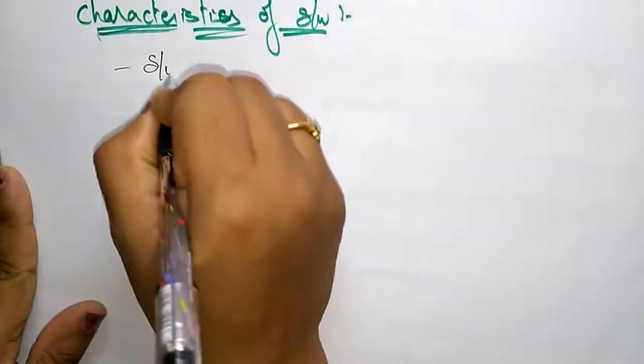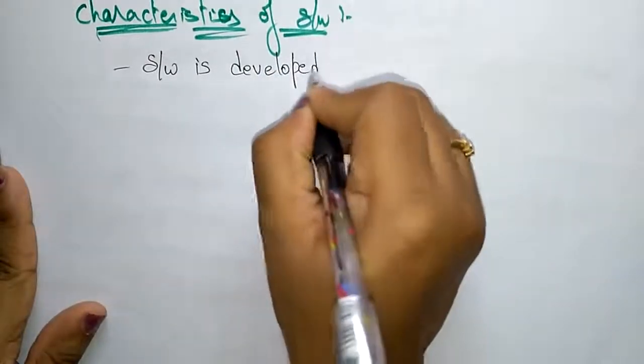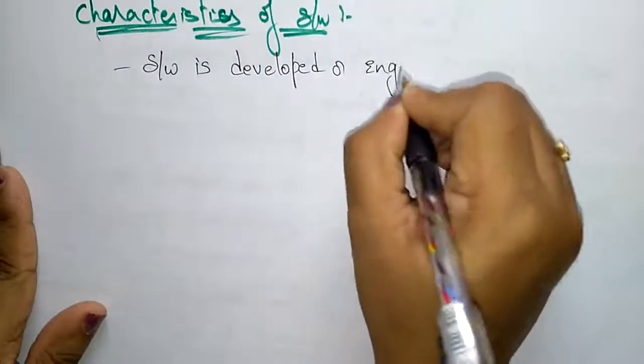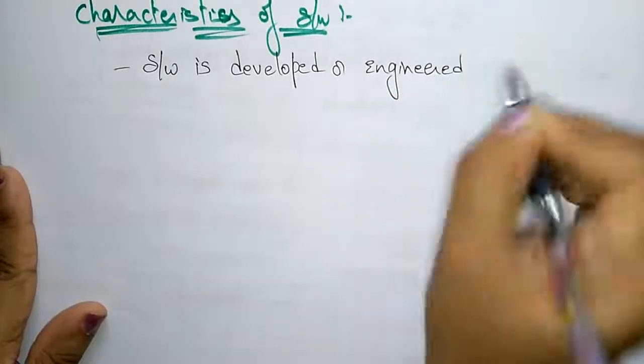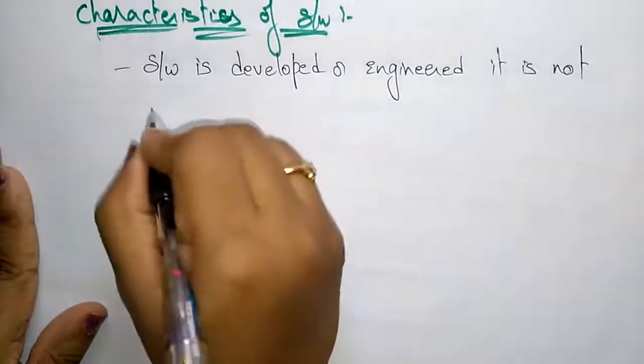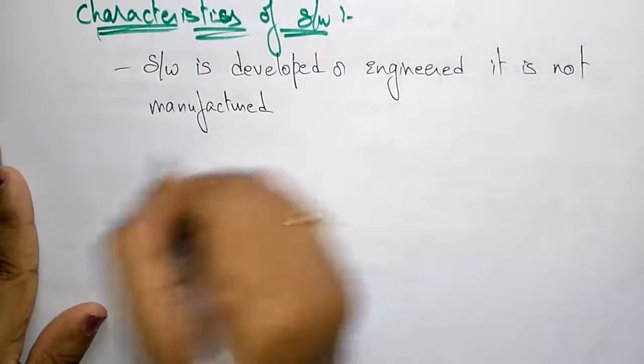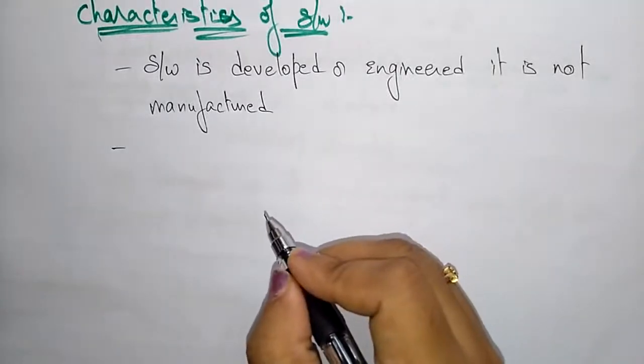So software is developed or engineered. It is not manufactured in the classical sense.